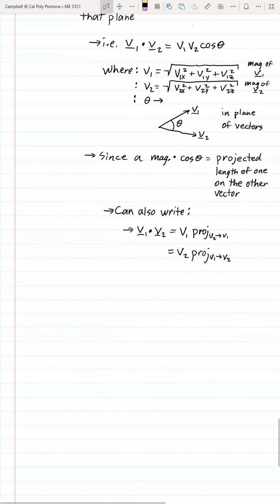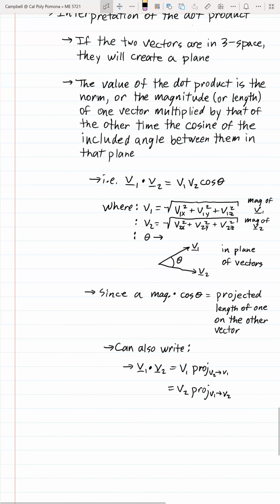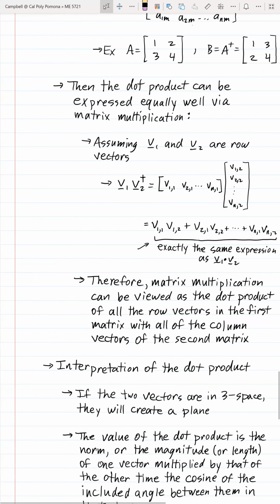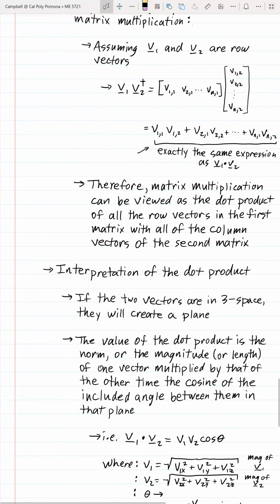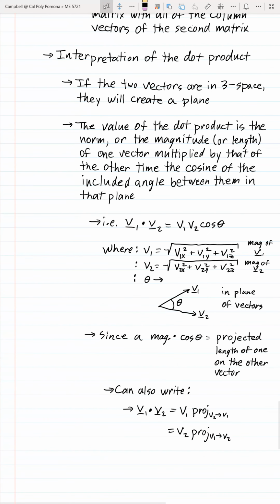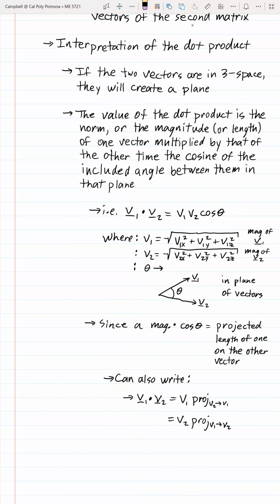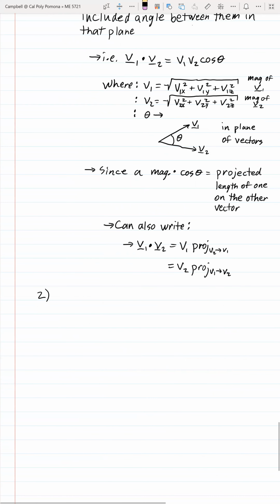And let me make sure I'm trying to get my indentations right. It looks like we're pretty good there, so I'm just going to stick with that. So right about here, we'll do 2. And that, of course, is the idea of the cross product.